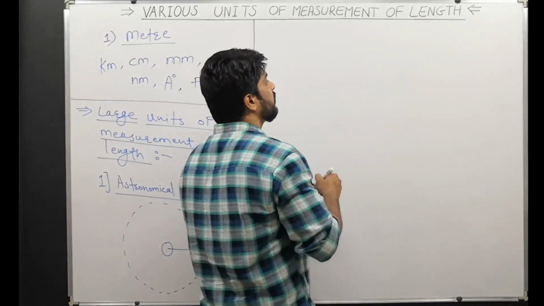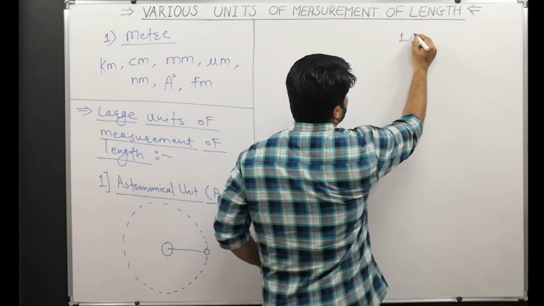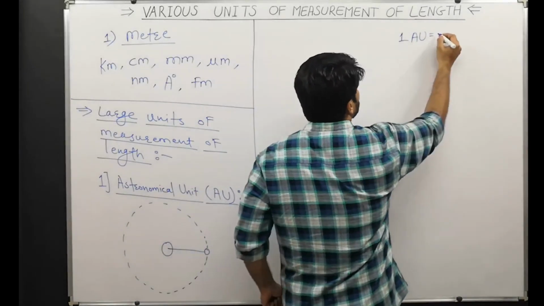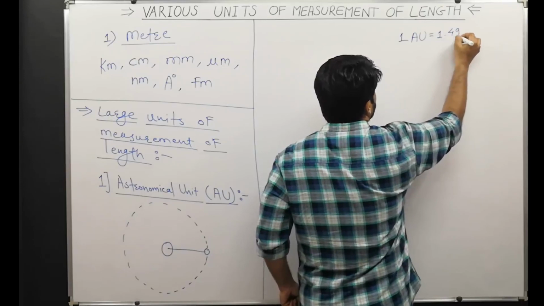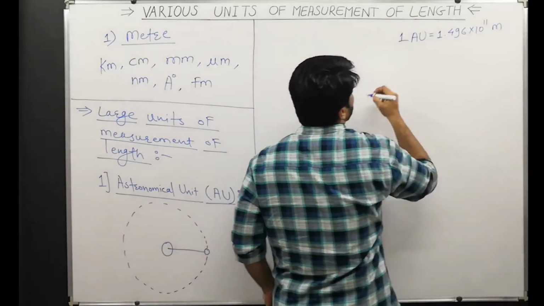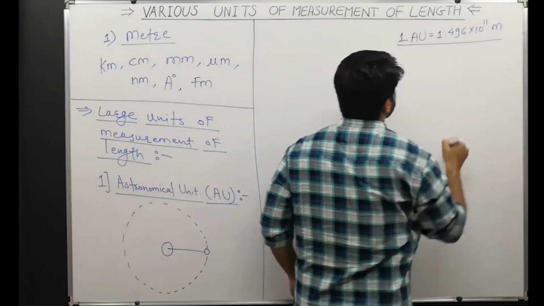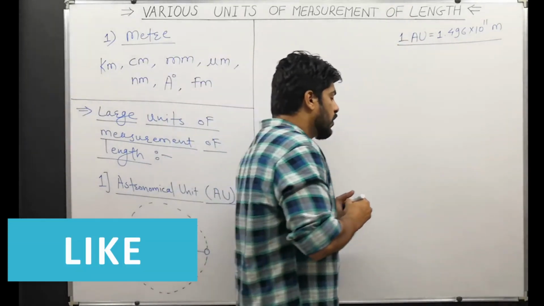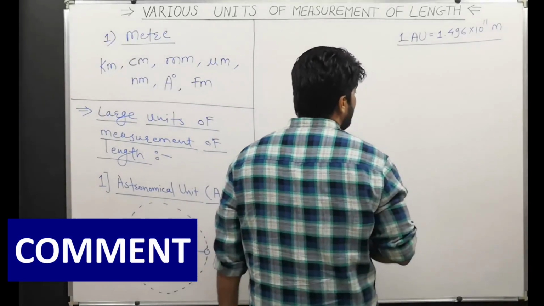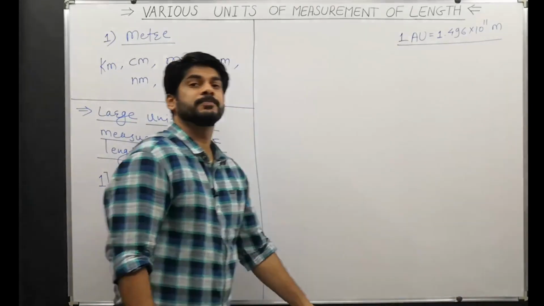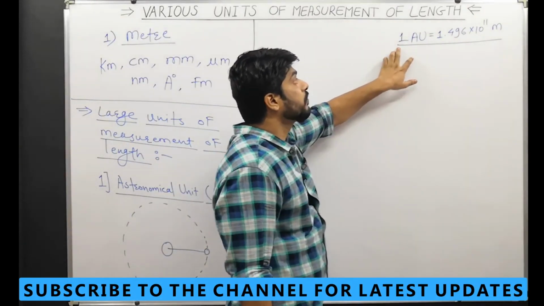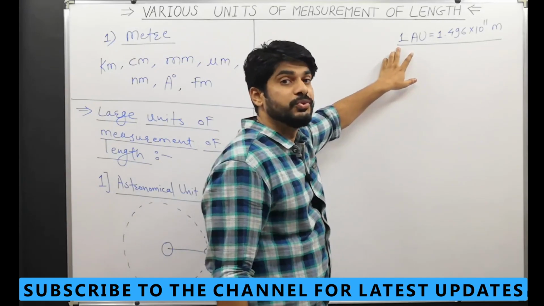There is a certain value to this. One astronomical unit is equal to about 1.496 into 10 raised to 11 meters. So this is the value for one astronomical unit.